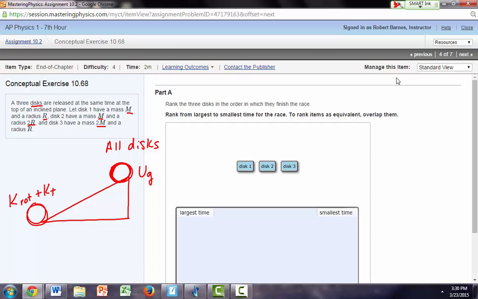So for all 3 of these, the moment of inertia is 1/2 mr squared. So we're going from mgh to 1/2 mv squared plus 1/2 I omega squared.